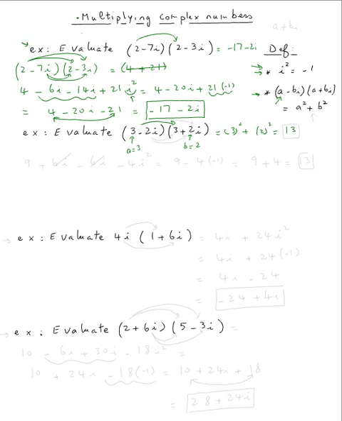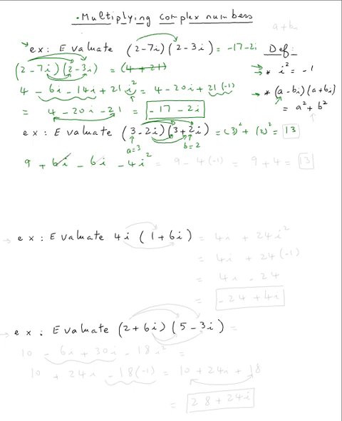Or we could FOIL it. Let's FOIL. Let's see what we're gonna get. 3 times 3 is 9, right? And then plus 3 times 2i is 6i. And then minus 2i times 3 is minus 6i. And then minus 2i times plus 2i is -4i squared.